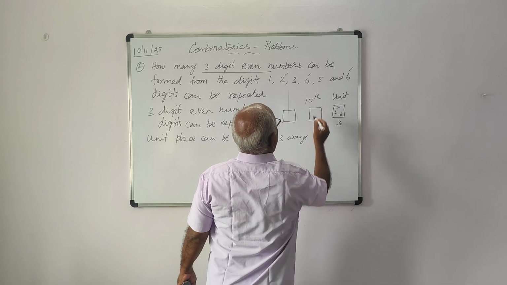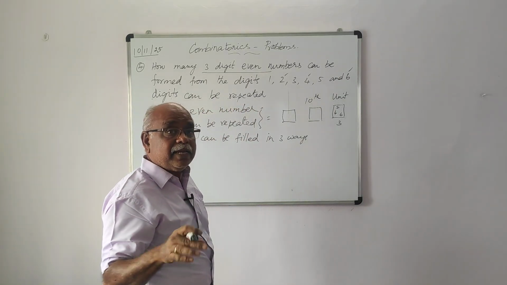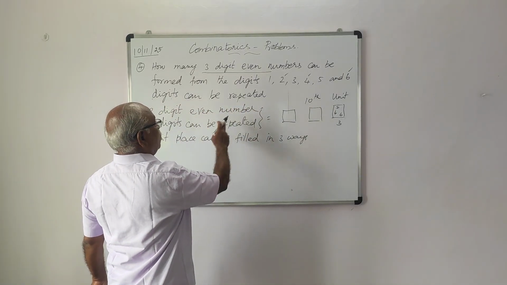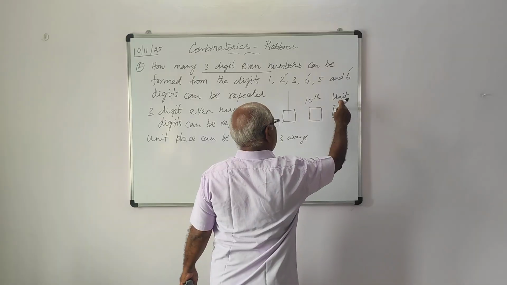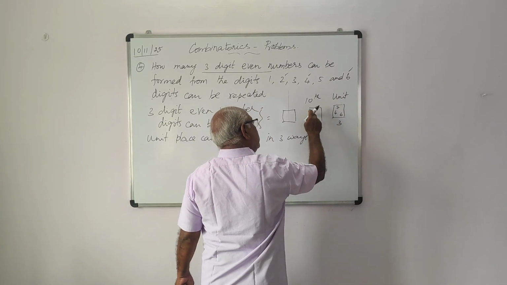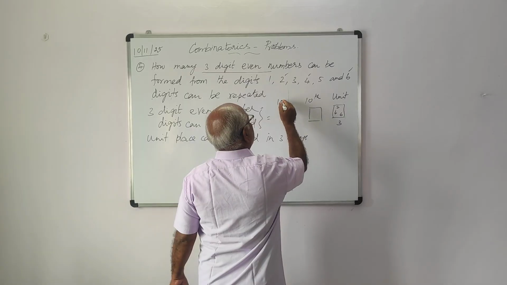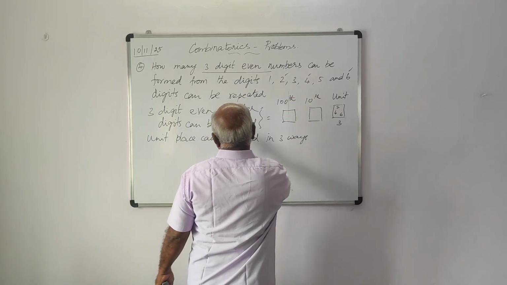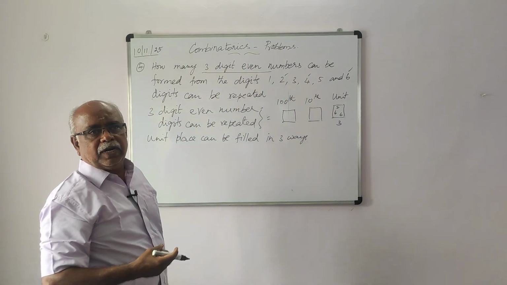For the 10th place, the digits can be repeated. Therefore, all the 6 numbers can be used. If you use 2 in the unit place, the 2 can also be used in the 10th place and the 100th place, because repetition is allowed.